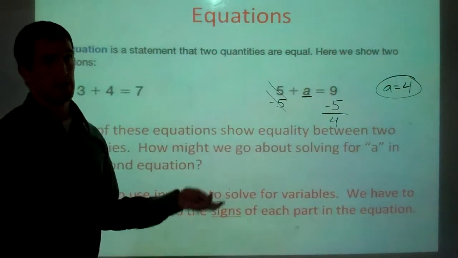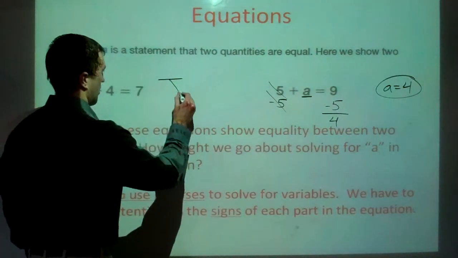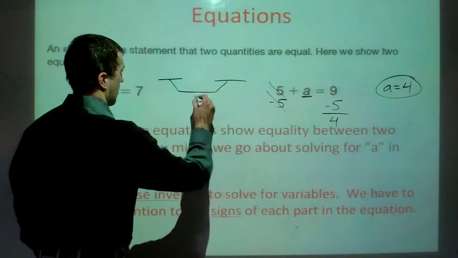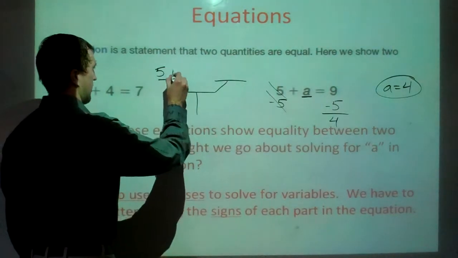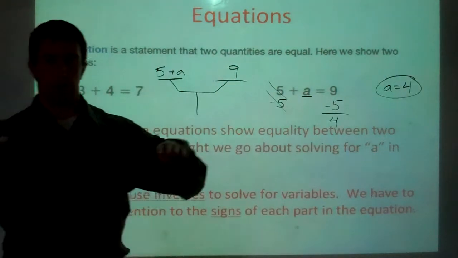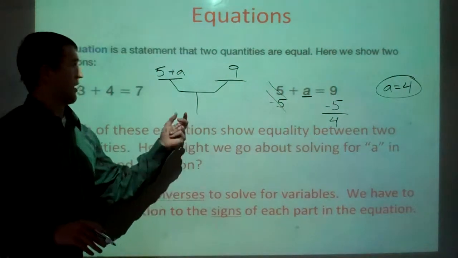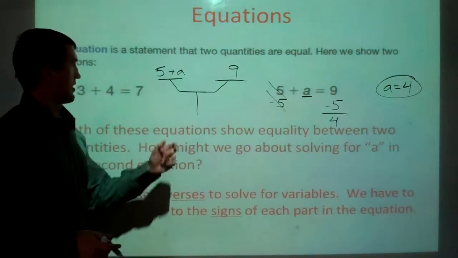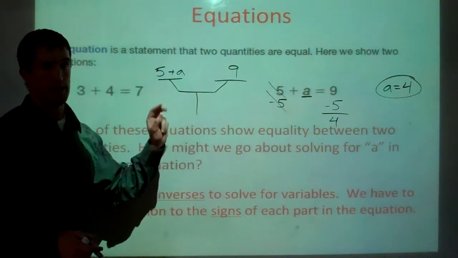So this was a scenario that I drew up. Let's think of a balance. And if on one side we have 5 plus a, and on the other side we have 9, those right now are completely balanced, okay? If we're talking pounds here, let's say we want to get a by itself. That's the whole goal, to get a by itself.